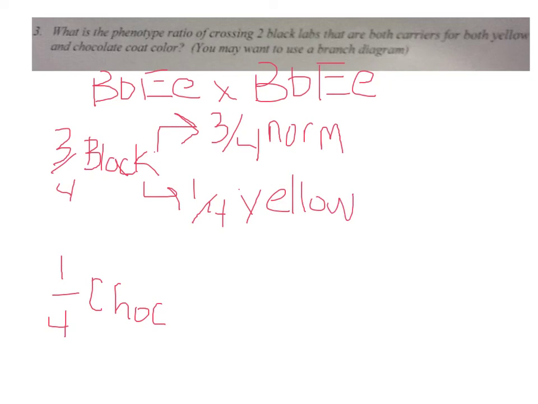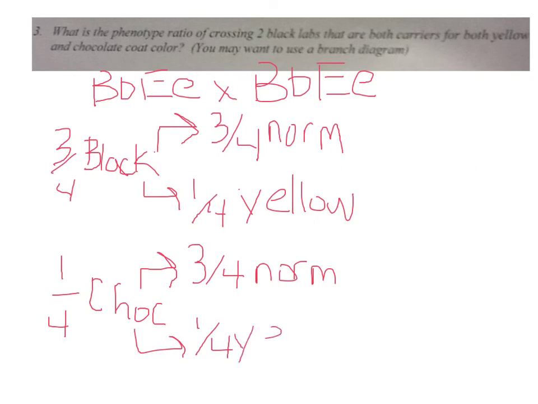Now this happens with your 1/4 group of chocolate labs. So out of that 1/4 that are likely to be chocolate labs, there's a 3/4 chance they get to keep that chocolate color. And there is a 1/4 chance that they'll end up having the yellow epistatic gene trump.